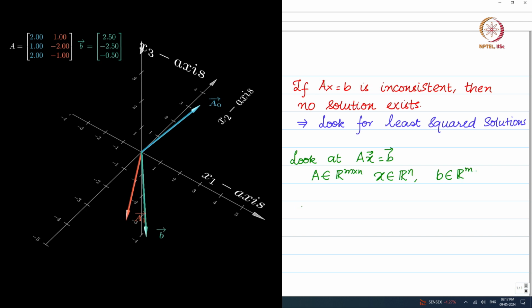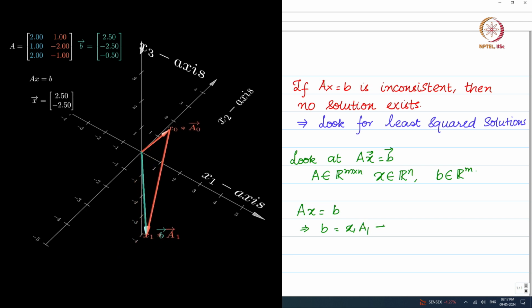When we say Ax equal to b, we mean b is equal to x1 into the first column of A plus x2 into the second column of A plus etc plus xn into the nth column of the matrix A, where ai is the ith column of matrix A.